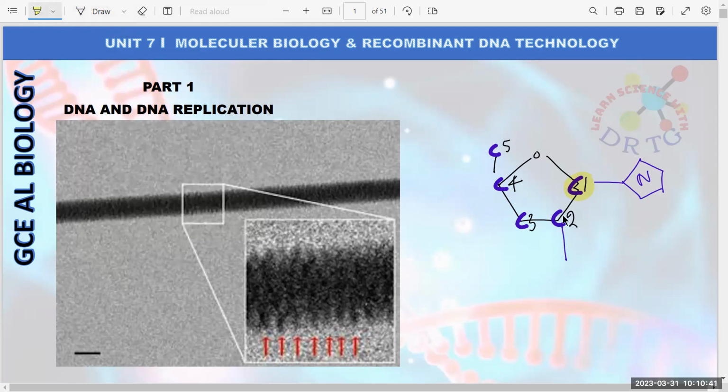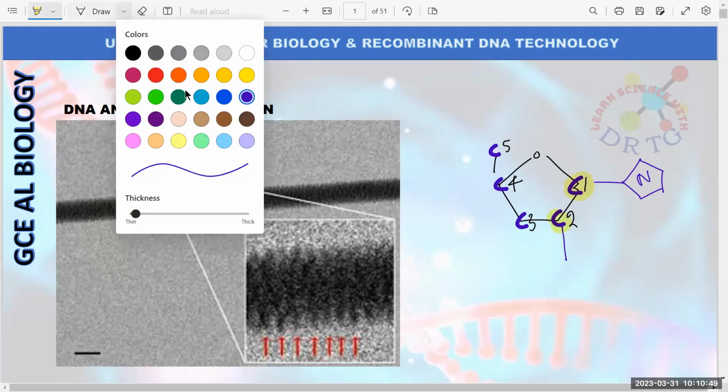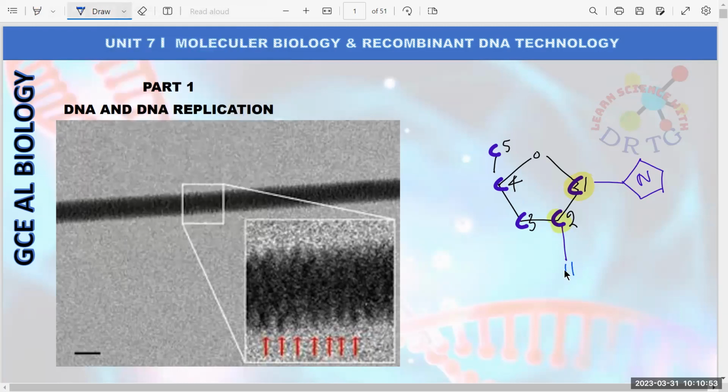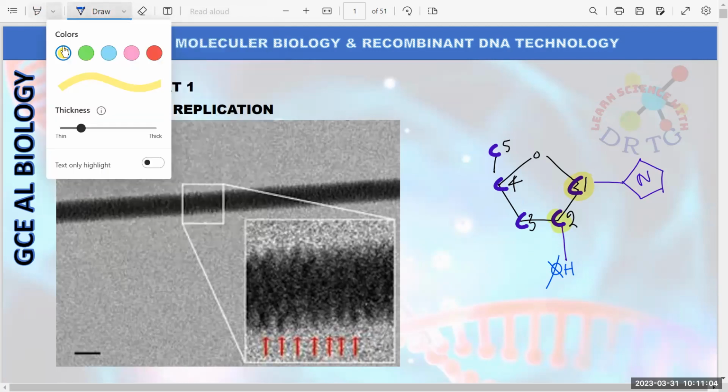Why is carbon number 2 important? Because this molecule becomes deoxyribose. In deoxyribose, carbon number 2 has lost one oxygen, it has only an H. So deoxy, oxygen lost at this position. We call it deoxy.